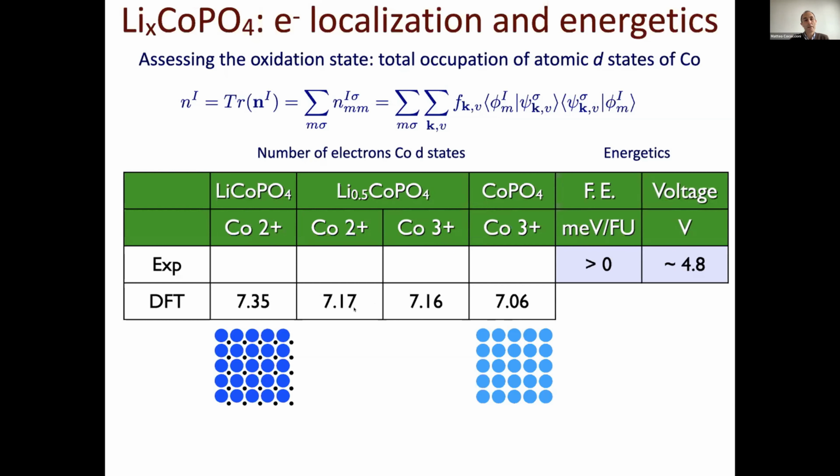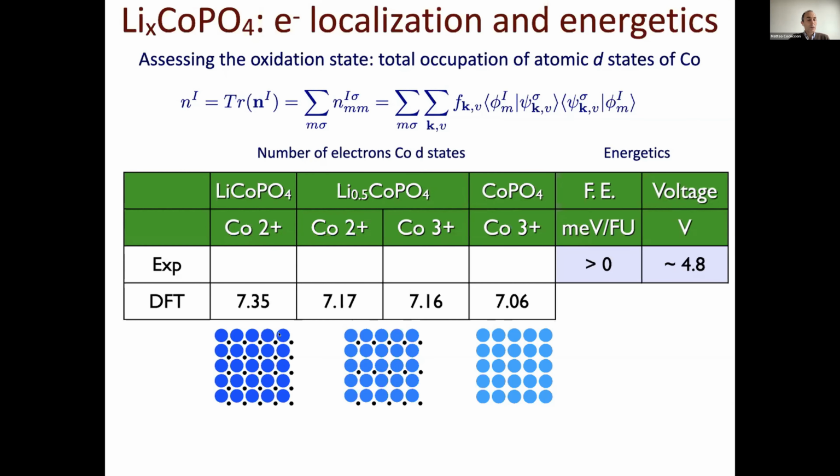So it's as if all cobalts are actually in a sort of 2.5+ state, which is not what we want, which is represented here by an ordered phase of lithium, but a spread out electrons. So you see an intermediate color of all the transition metals in between these two extremes.